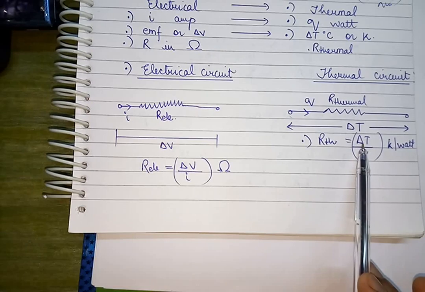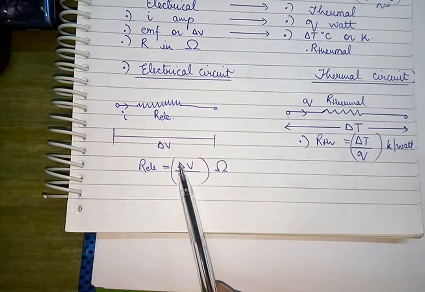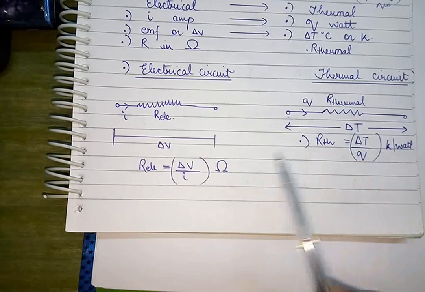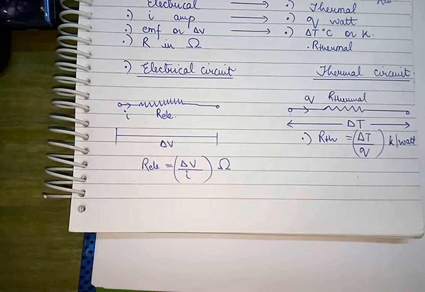So we write delta T upon Q. Q corresponds to I. So delta V corresponds to delta T and I corresponds to Q. So this becomes R thermal conduction.